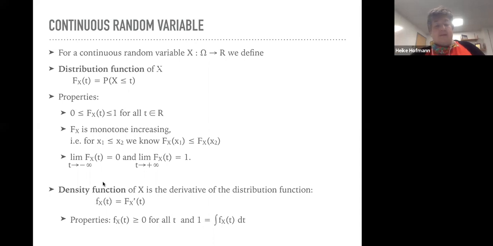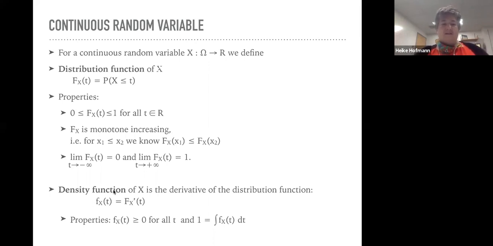But why don't we just define a probability mass function for a continuous random variable? Like the probability that x is equal to t. Instead we define this density function.